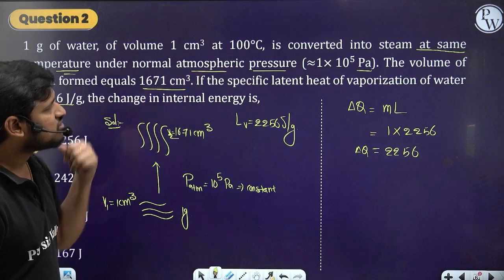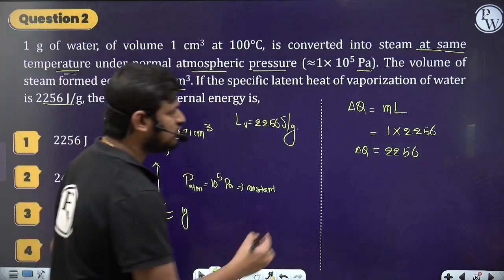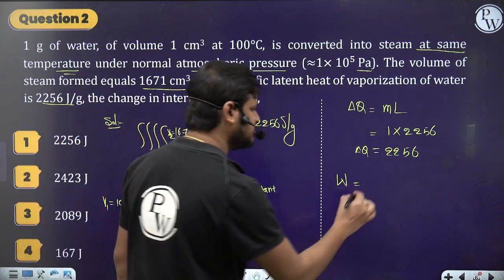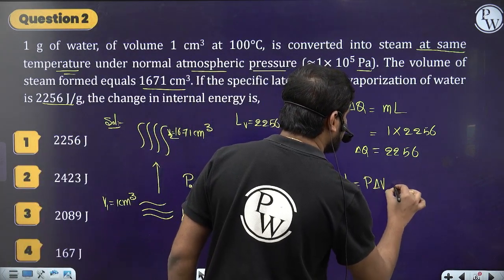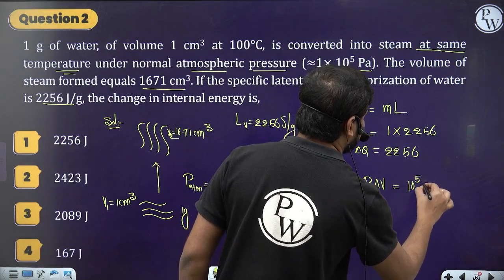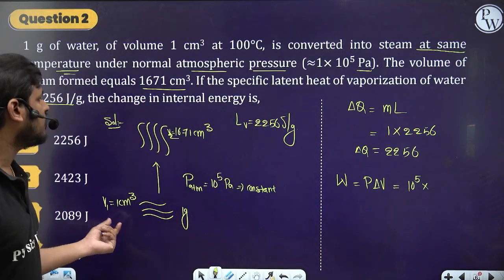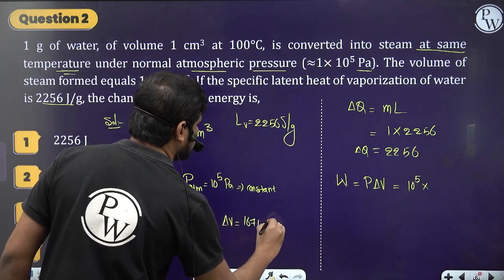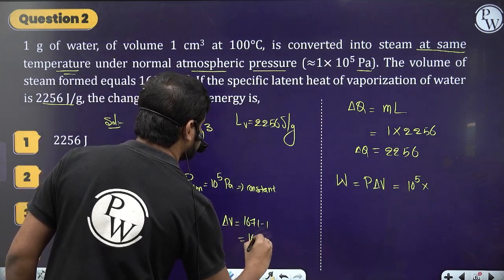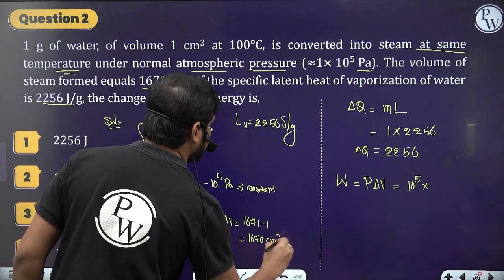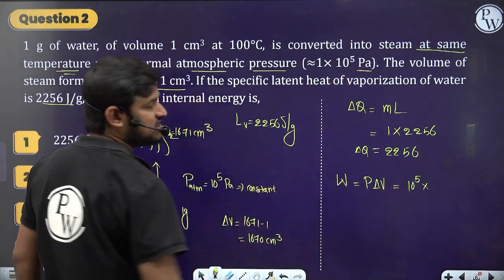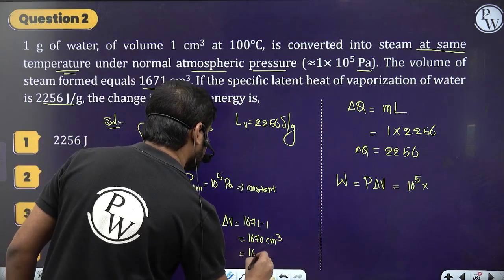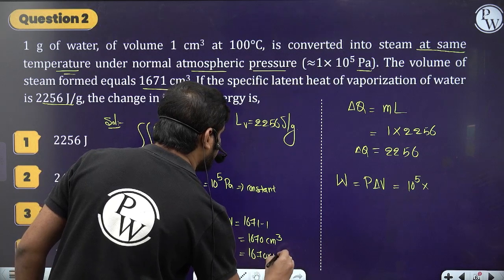Here the pressure is constant, volume is changing. So can I use this formula to find the work done? The work done is equal to P into delta V. What's the pressure? 10 to the power 5 into the volume. Delta V is equal to 1671 minus 1, which is 1670 centimeter cube, right? But the pressure is in pascals or Newton per meter square, so convert this to 1670 into 10 to the power minus 6.